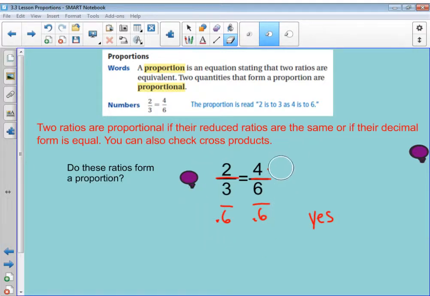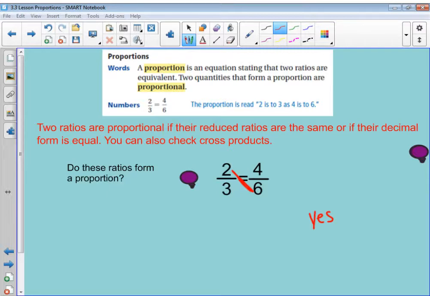The new concept, which we'll tie into a little bit more in our next lesson, is that when we're finding missing parts of proportions, we'll have to understand cross products. Cross products are when you take a set of fractions and multiply diagonally.